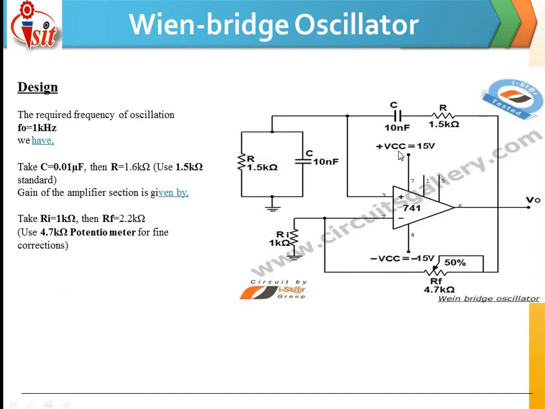Then the Wien bridge oscillator is designed using these design terms, because designing the Wien bridge oscillator is also an important thing, in which ZS and ZP, these two components, play an important role.